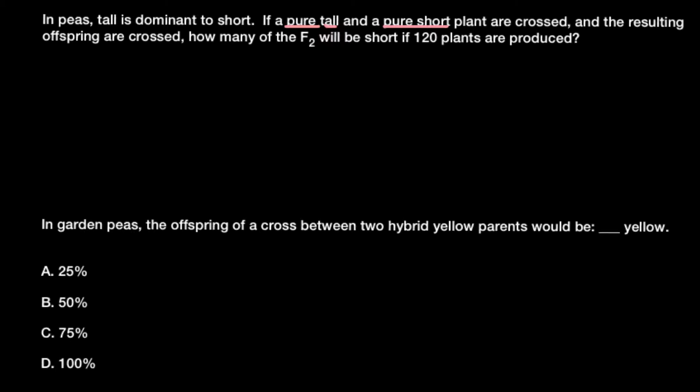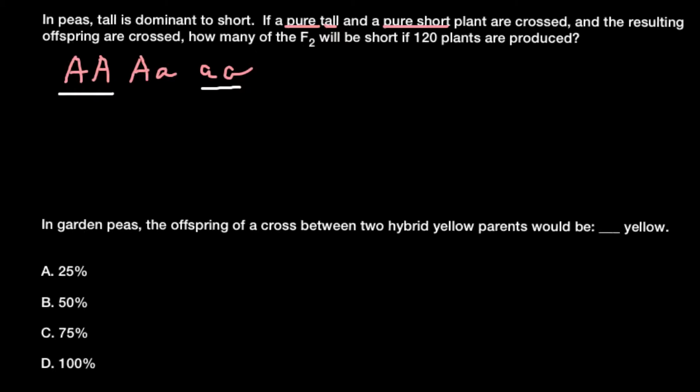That means that we have three possible combinations of two alleles. One would be, for example, capital A, capital A; second would be capital A, small a; and the last one would be small a, small a. The first would be pure or homozygous dominant, and the last would be pure or homozygous recessive.